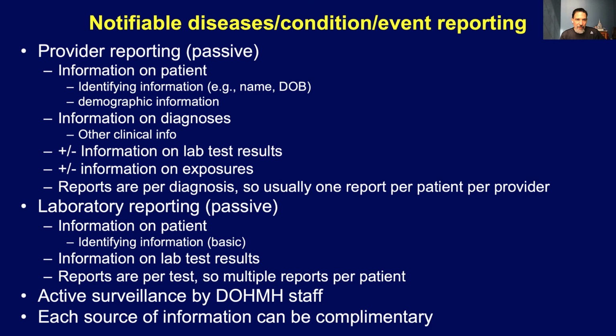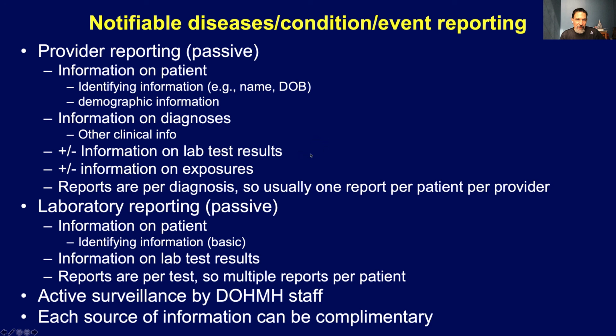So you can think about provider and laboratory reporting in terms of the attributes of surveillance systems that we covered before. They're both passive means of getting information. And you can see the kinds of information that you might get. From providers, you get detailed information on demographics and date of birth and clinical information on symptoms. You may or may not get information on lab test results.